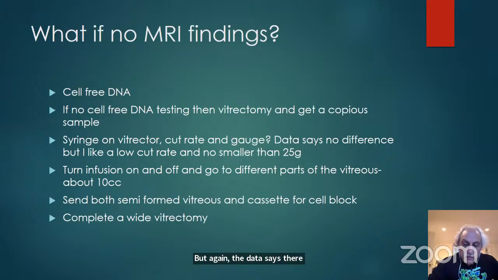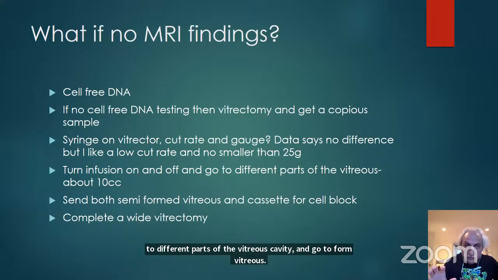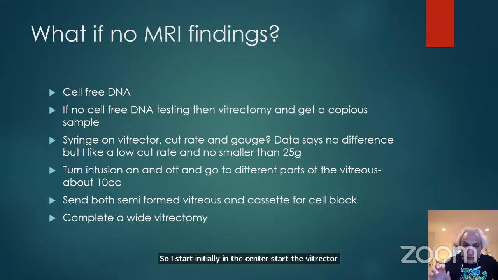What I like to do is to turn the infusion on and off as I go to different parts of the vitreous cavity and go to form vitreous. So I start initially in the center, start the vitrector, then after I'm cutting, I tell my assistant to aspirate. Never aspirate when you're not cutting. Then when the eye starts to become slightly hypotonic, I tell my assistant to stop aspirating, and then I stop cutting.